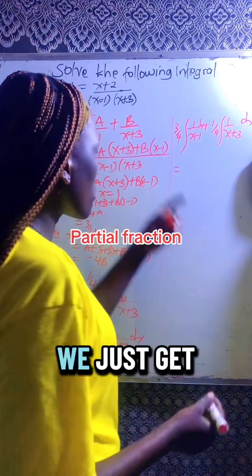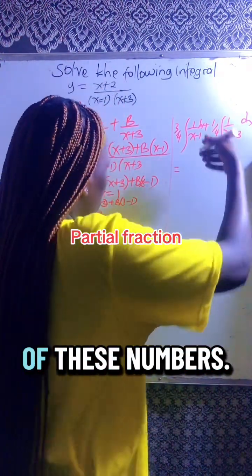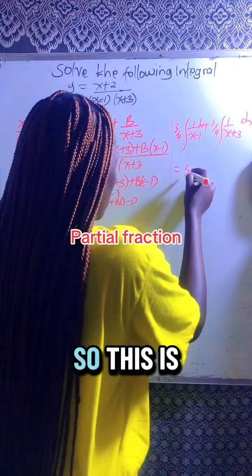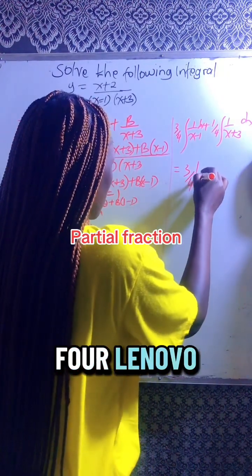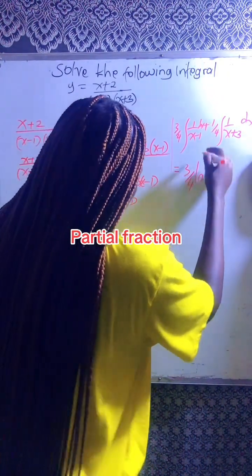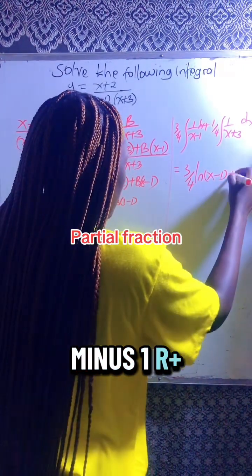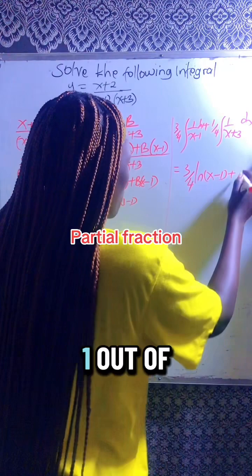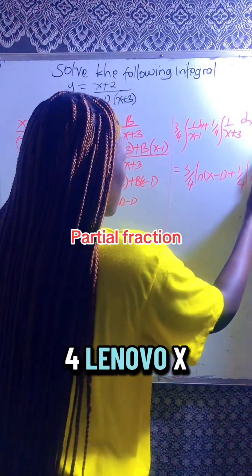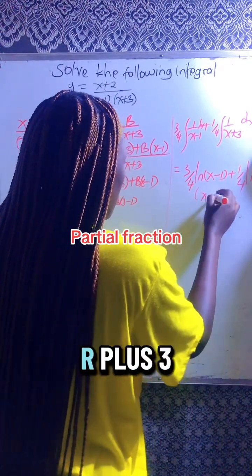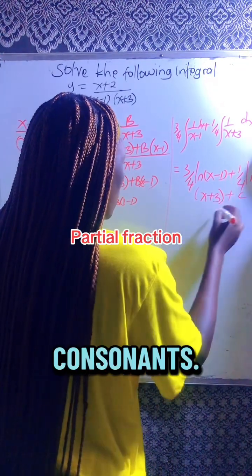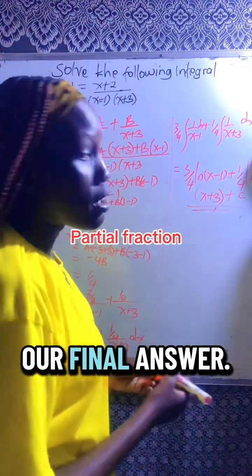On integrating, we just get the natural log of these terms. So this is 3 out of 4 ln of (x - 1) plus 1 out of 4 ln of (x + 3) plus the constant. So this is our final answer.